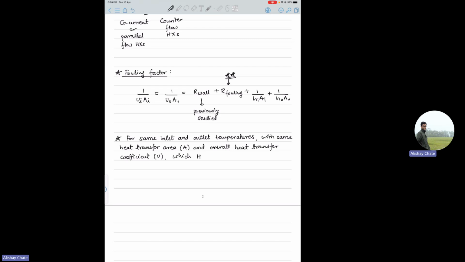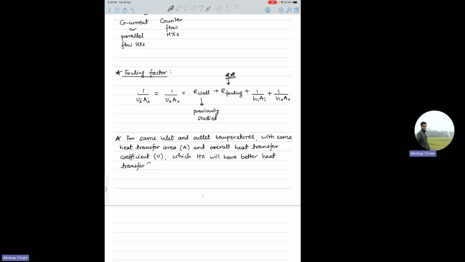Which heat exchanger will have better heat transfer, or you can call it superior heat transfer also. It doesn't matter.